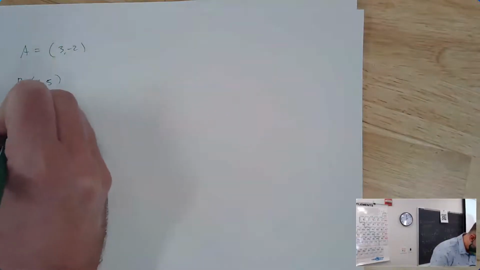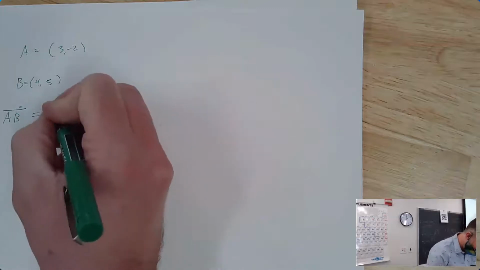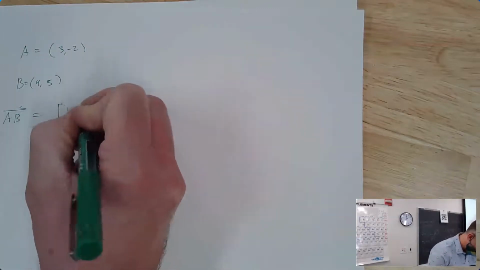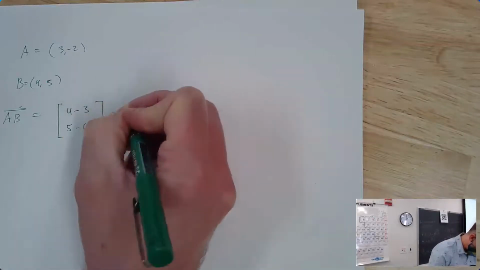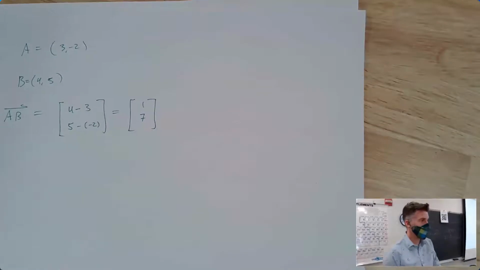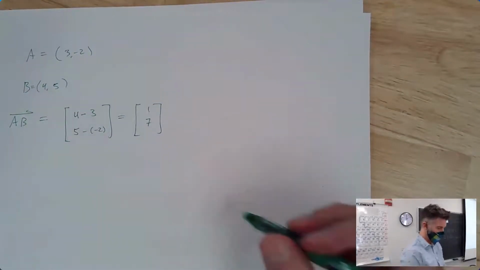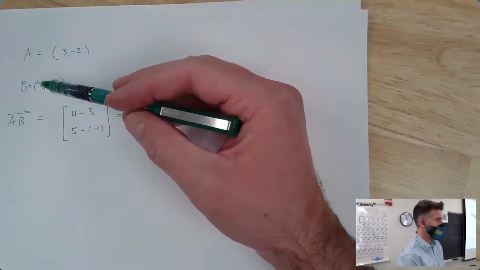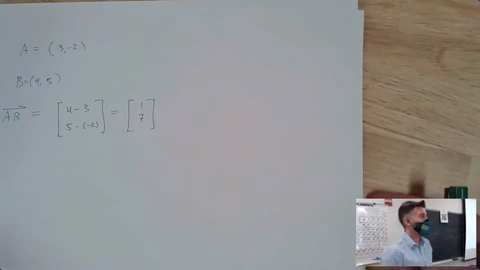The vector AB that starts at A and ends at B is 4 - 3, 5 - -2. That's the vector that gets you from that point to that point, which makes sense, right? Because to get from 3 to 4, you have to add 1. To get from -2 to 5, you have to add 7. So just be aware.